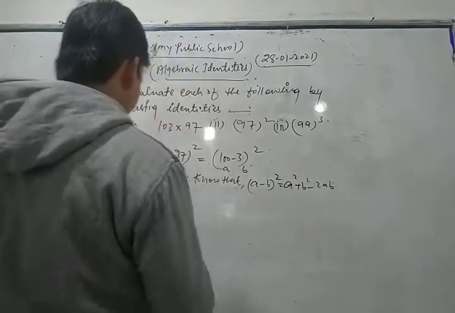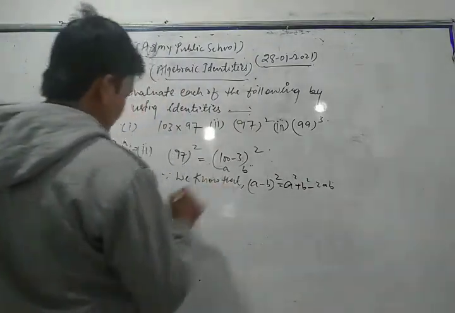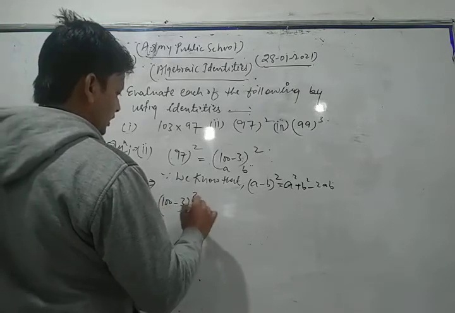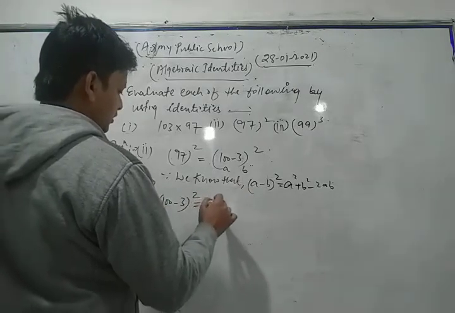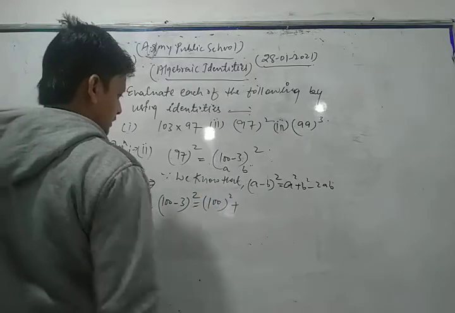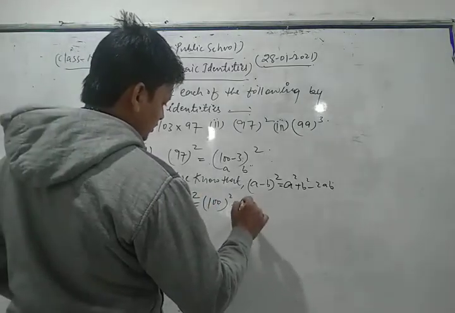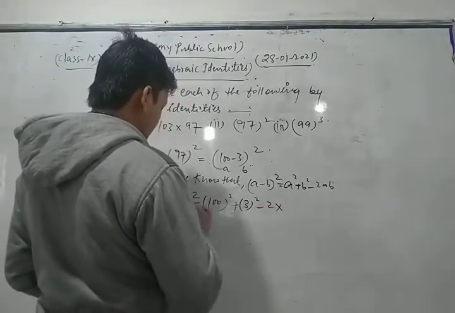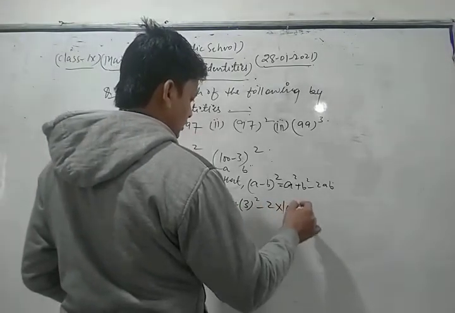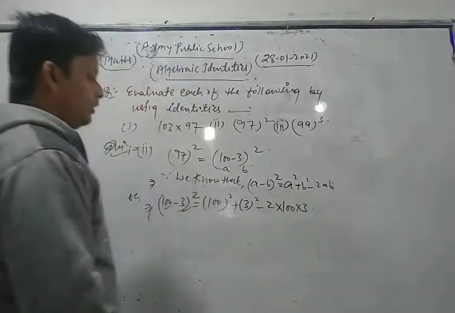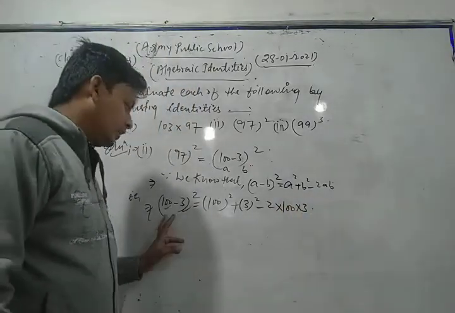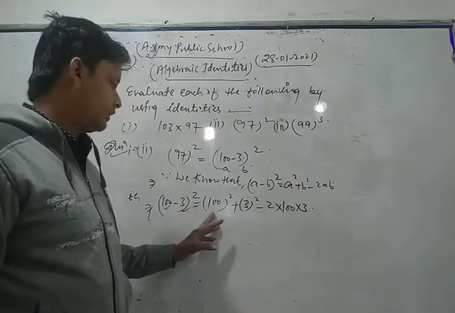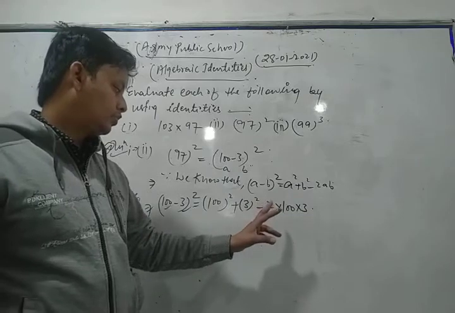So 100 minus 3 whole square is 100 square plus 3 square minus 2 into 100 into 3, where a is 100 and b is 3.